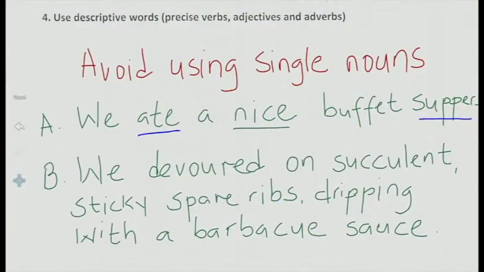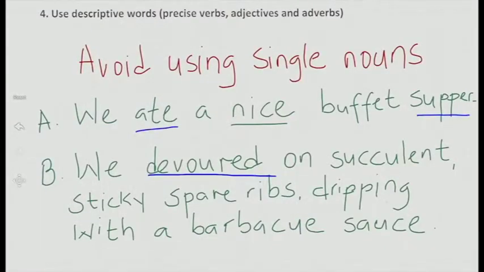So here we can improve the sentence by saying we devoured succulent, sticky spare ribs, dripping in barbecue sauce. Here it becomes more specific. When you use devoured, you are basically telling us that you enjoyed the food, because you cannot devour anything that you do not enjoy.